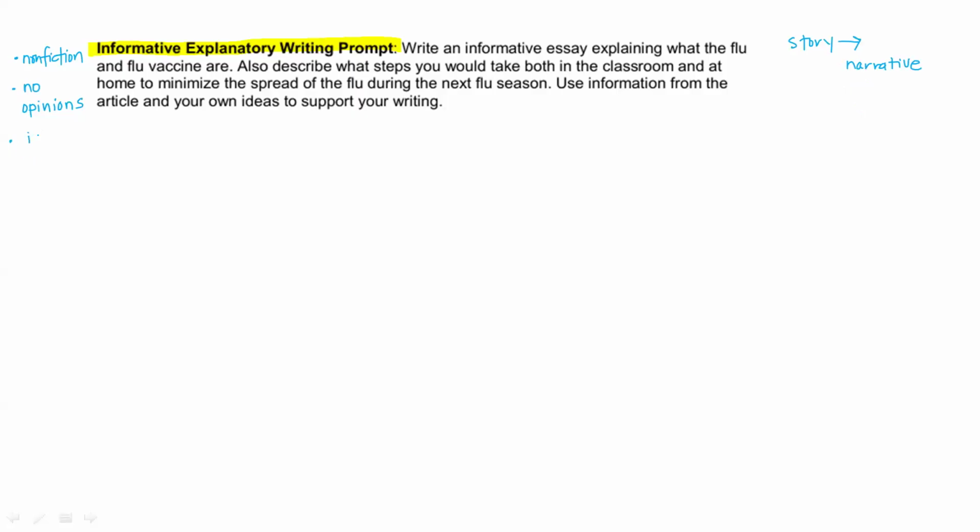So we give information. No opinions. It's nonfiction. We have facts that we organize. And the purpose is so the reader can learn, right? So we're teaching something, new information.